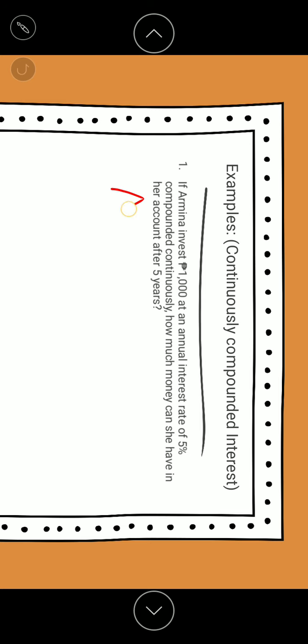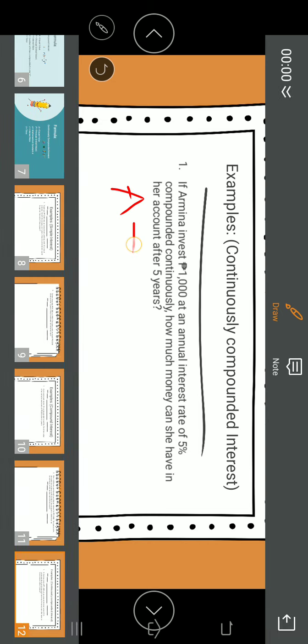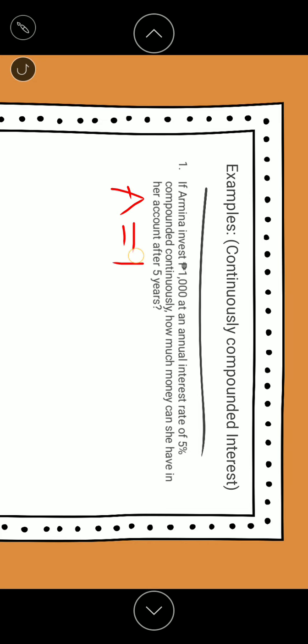So we put A equals P E, which is the Euler's number, to the power of R and T. Next, write down the given facts or values seen on the given problem.